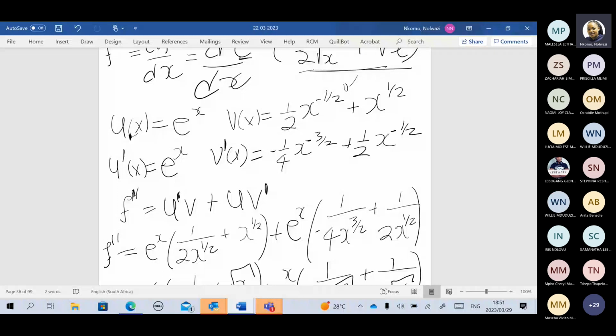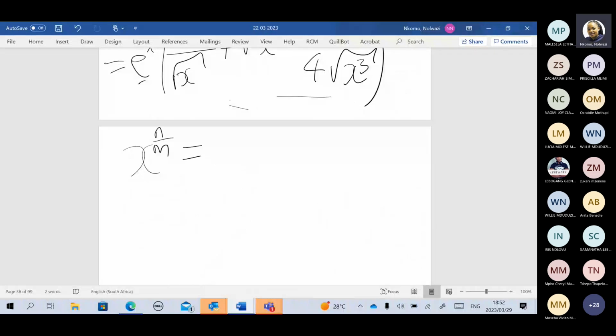In our last class, I said if you have x to the power 1/m, then you can write this as the m-th root of x to the power n.